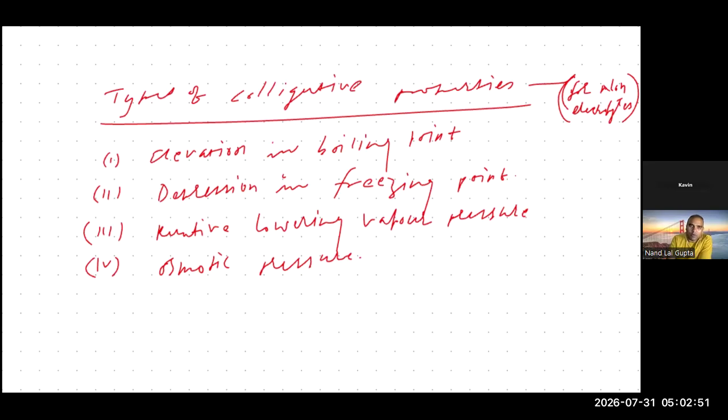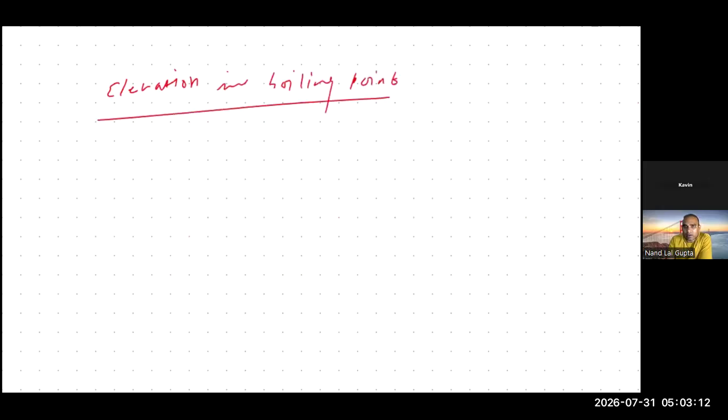Now let us have a look at the first colligative property, elevation in boiling point. What is the meaning of elevation in boiling point? This is very simple. They are saying, I am writing the statement, when a non-volatile solute is added to a pure solvent.